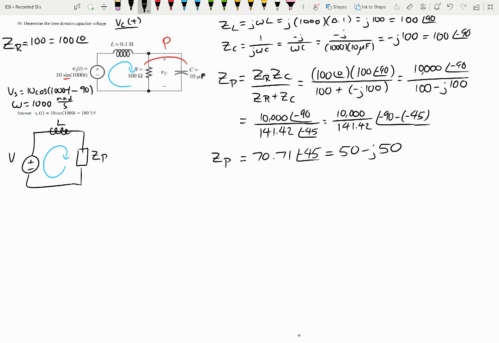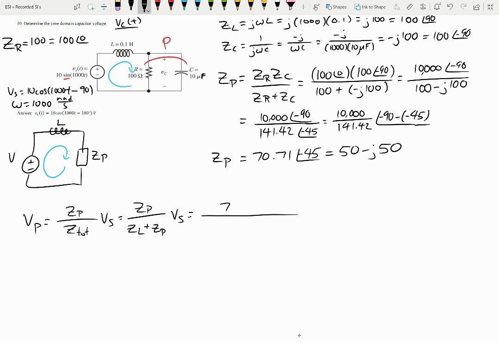So I'll write V of the parallel is equal to Z of the parallel over Z total times V of s. So Z parallel over Z L plus Z P times V of s.